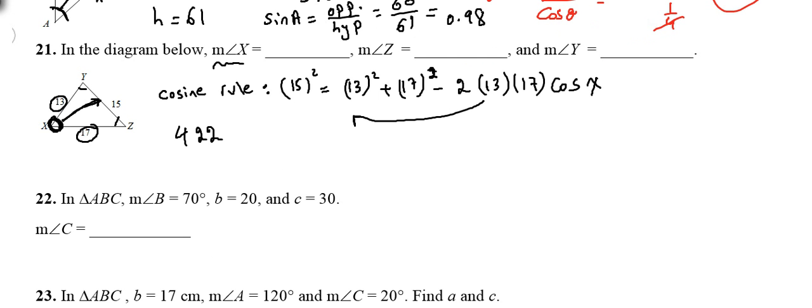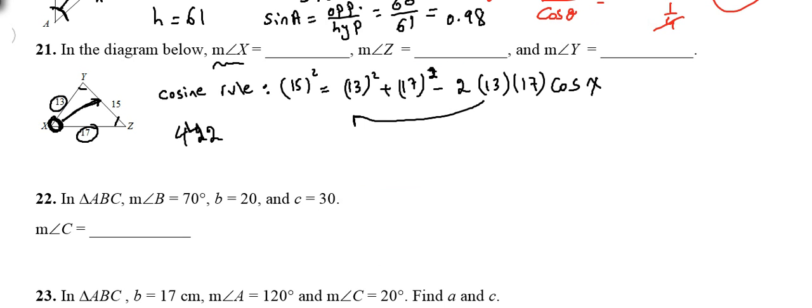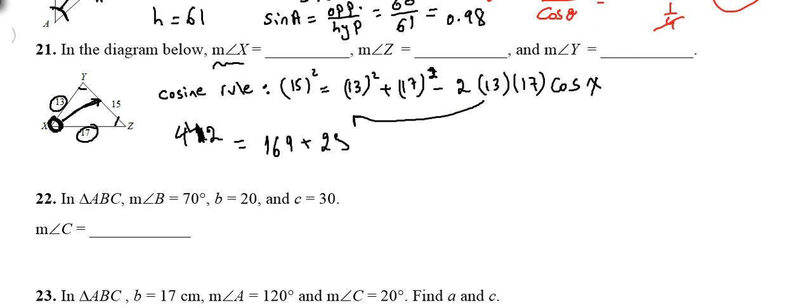442. I forgot the number, 442, sorry. 442 is equal to 13 squared, 169, plus 17 squared. 17 times 17 is 289.